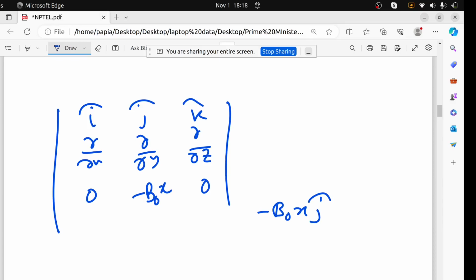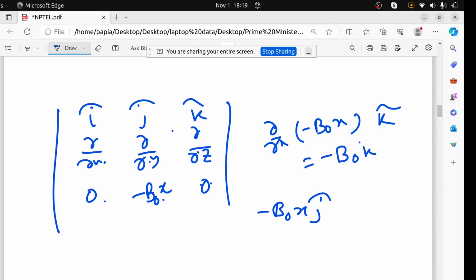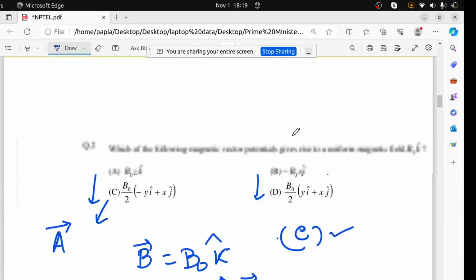Now you can see this one 0, this one 0. i cap will not be there. This 0, this 0. j cap will also not be there. Now k cap. K cap is giving what? This one will be what? It is giving minus B0 k cap, not B0 k cap. We want B0 k cap. Right? So this option will not be the correct one.